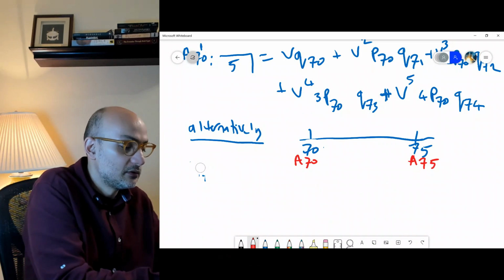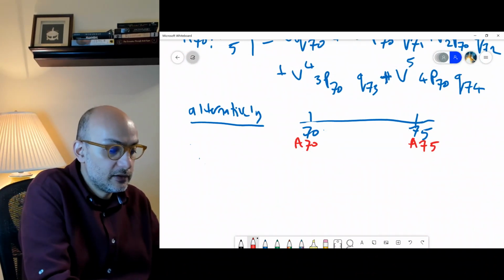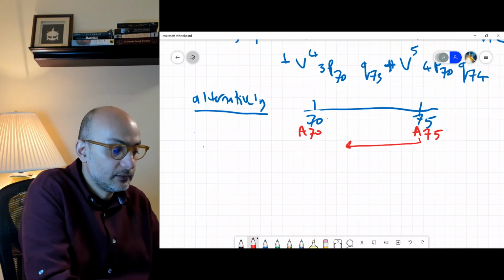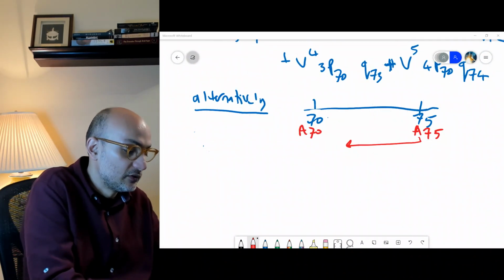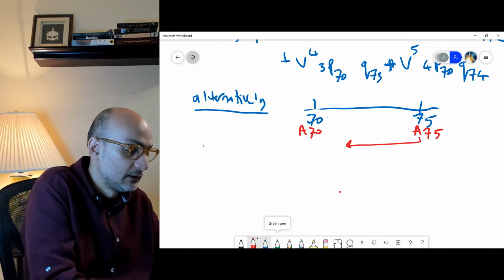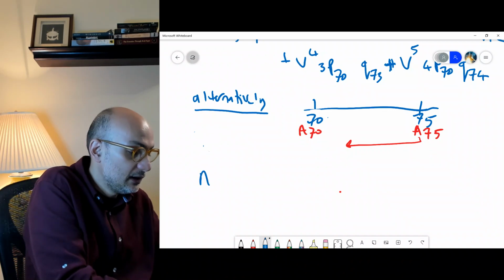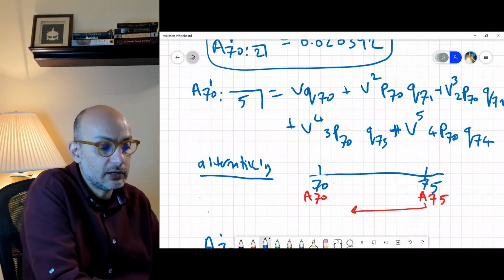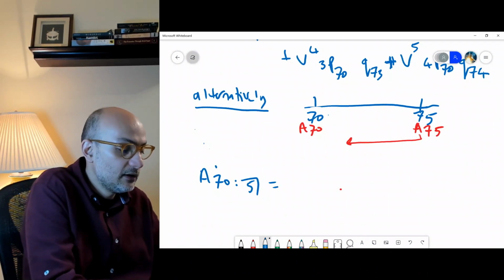So now if you discount this back here, that will be easy. So all you need to do for this one is calculate A70 for 5 years. Instead of doing this long calculation, you can calculate this one.